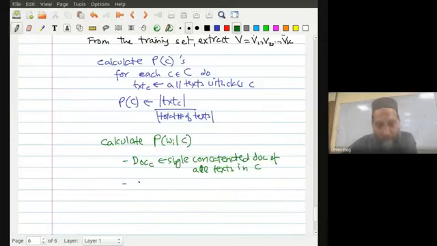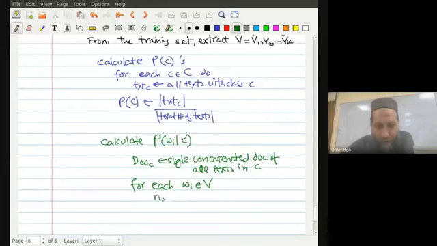Then we have a for loop for each word wi in the vocabulary.